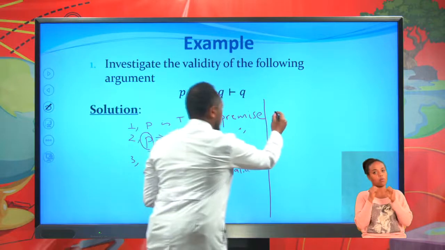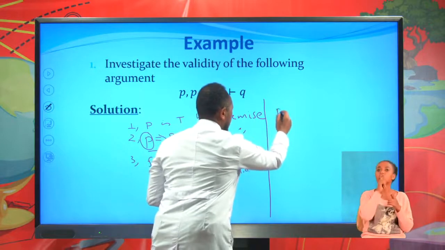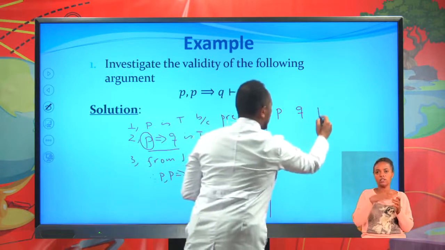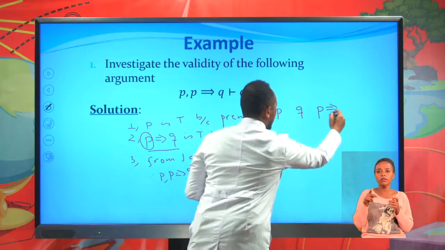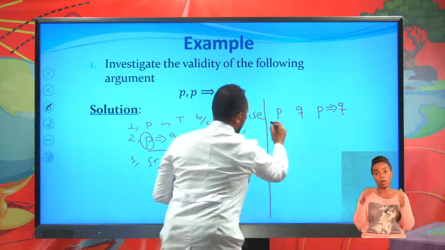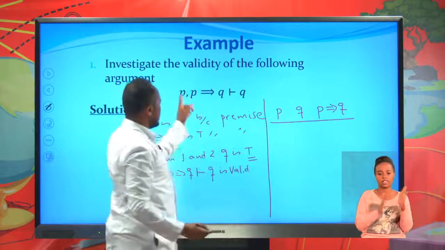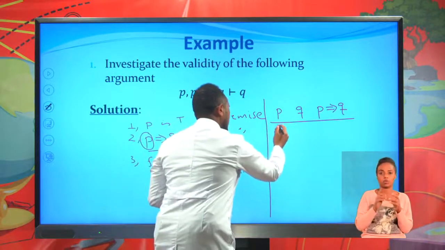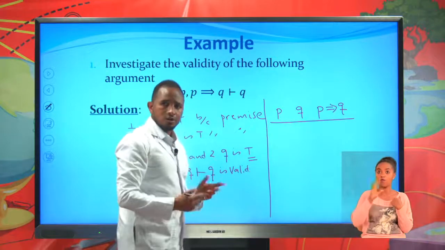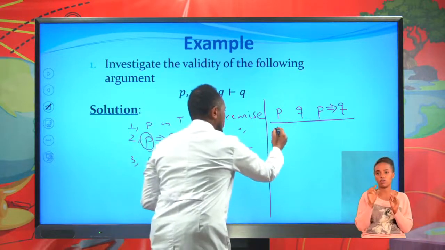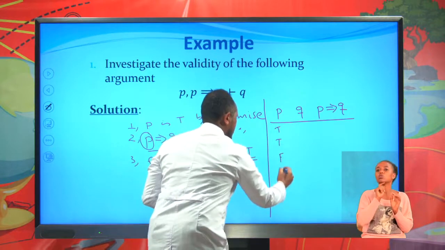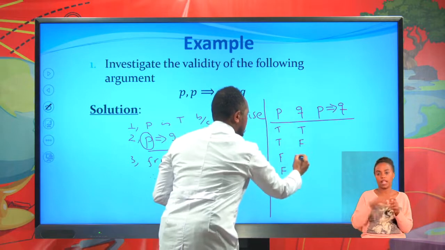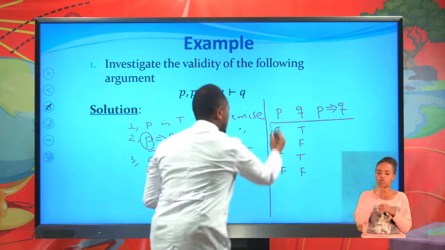Here we have P, Q, and P implies Q. Let's prepare a table for this: P implies Q and Q. Since we have 4 possible combinations, let's take 2 truths and 2 falses: true, false, true, and false.